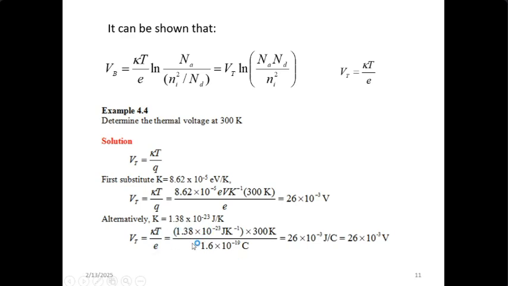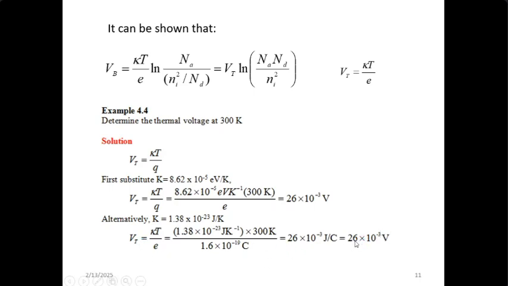When we work this out, which you can check because it is also in those notes which I gave you, you will find it comes to 26 times 10 raised to power negative 3 volts. Now 10 raised to power negative 3 is 1,000th.